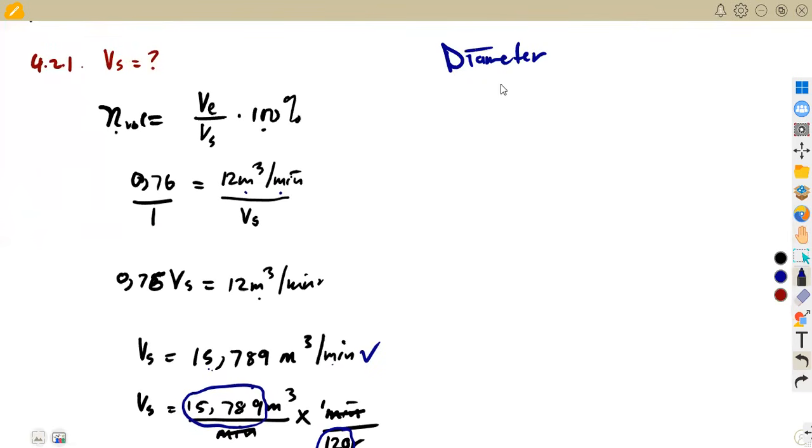From our stroke volume, we understand that it was taken from area, which is the bore area, times the stroke length. The area being taken from pi d squared over 4 times the stroke length. So that is the volume, area times the stroke length. So we are given, in this case, the stroke volume. Between these, we've got a relationship between the diameter and the length that we are given.